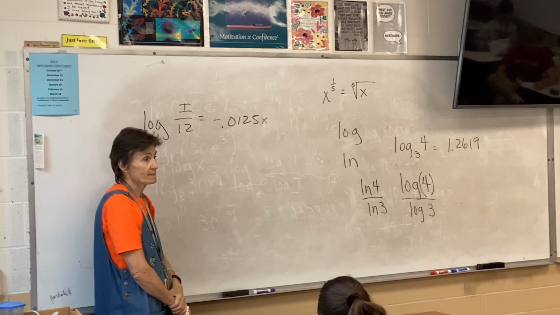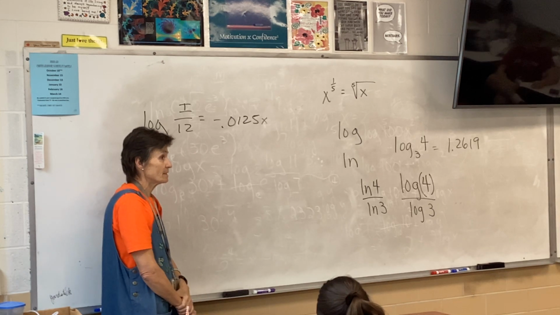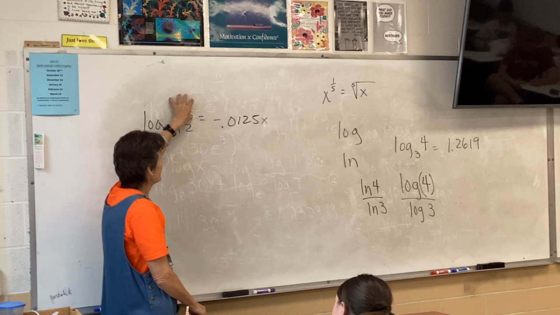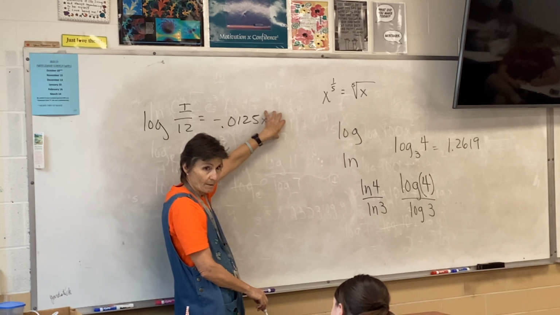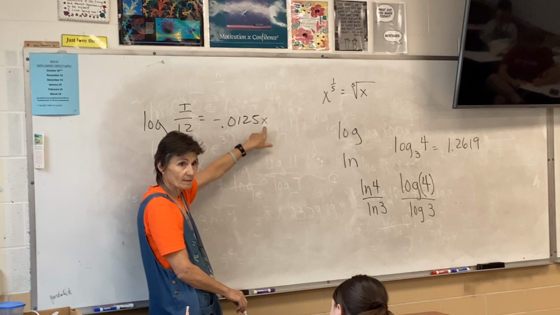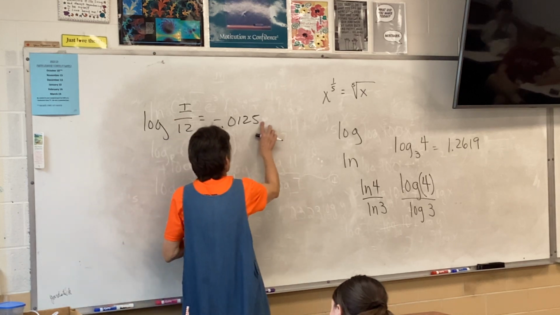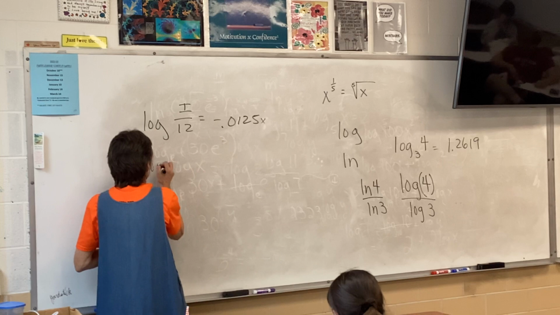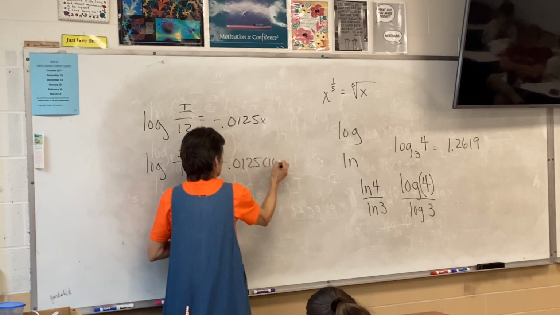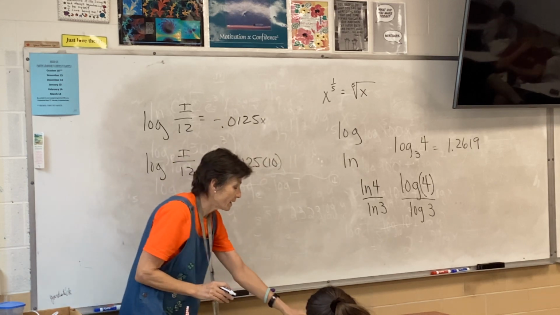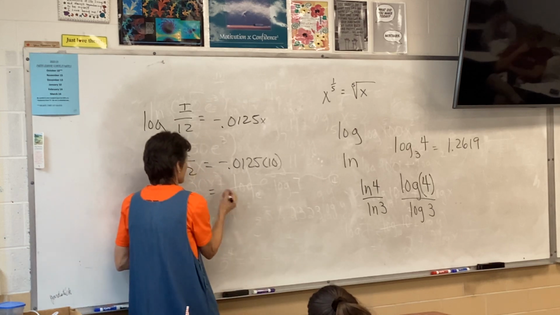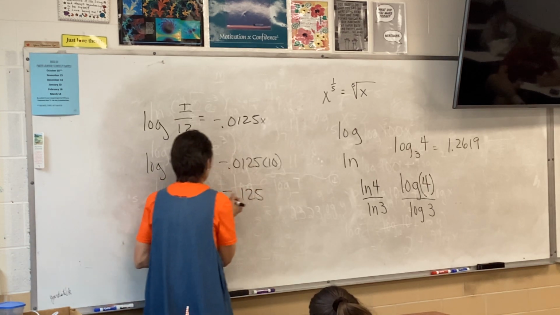If they tell me the depth is 10, won't I put 10 right there? Then I'm gonna multiply that together. So it's negative 0.125.